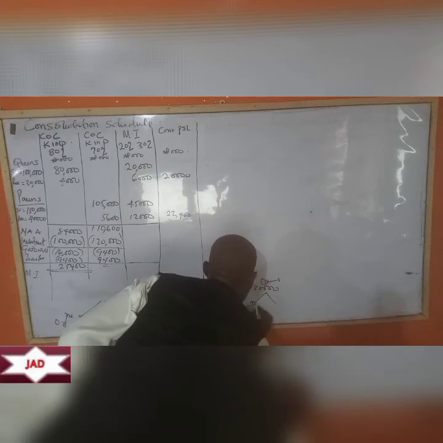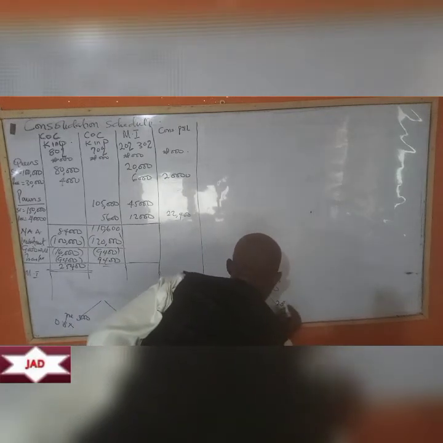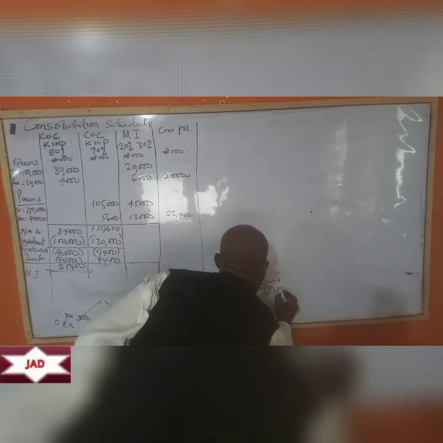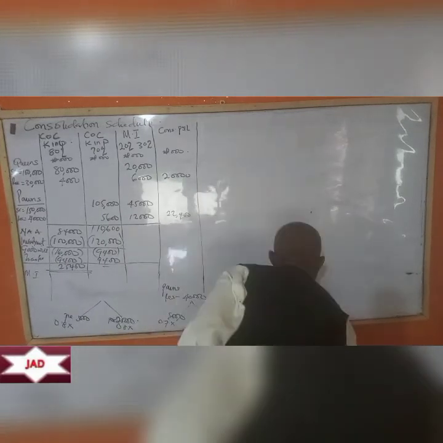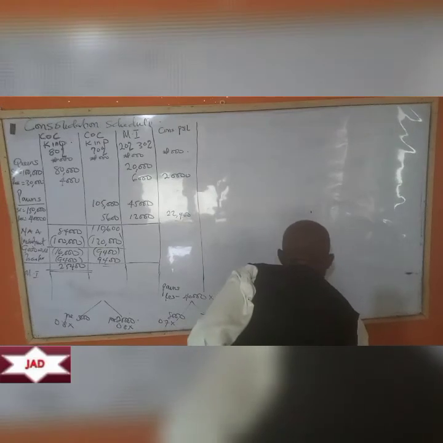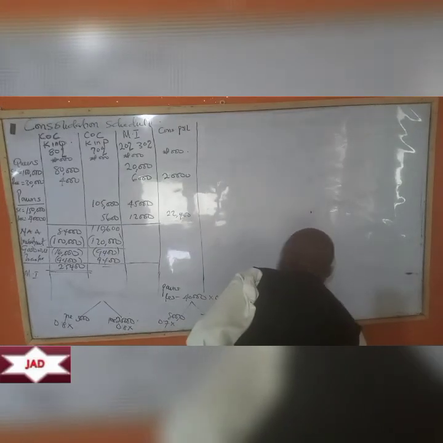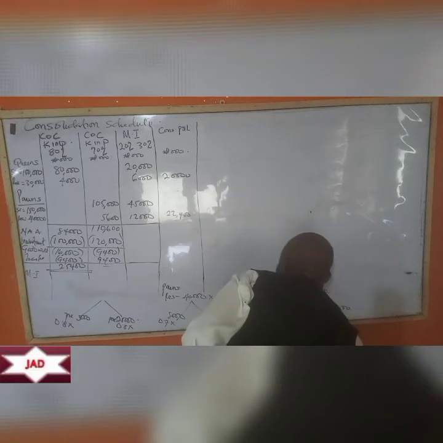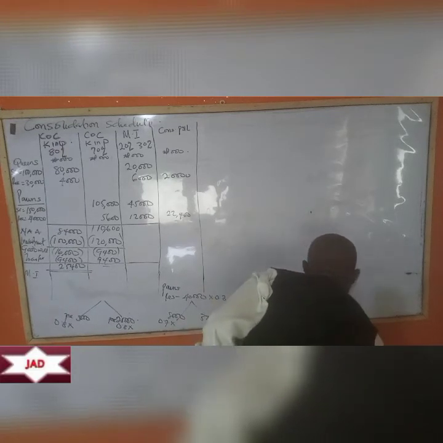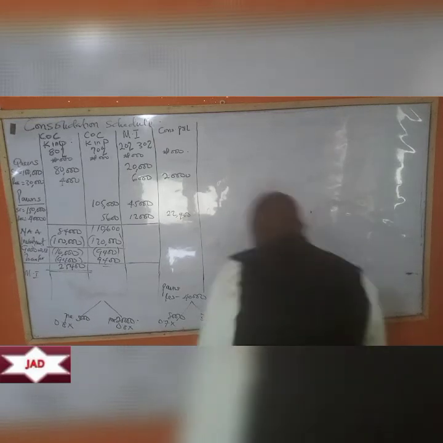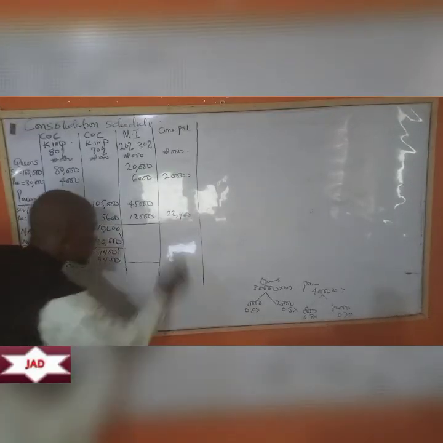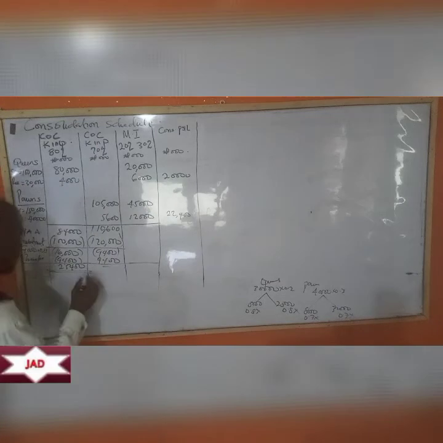This is 5,000. This is 25,000. So this is 0.8 times this, 0.8 times this times 2. So we have our Pawns. 40,000. This is 8,000. This is 32,000. 0.7 times 0. Okay. So we can take this off. Alright. Let's move.